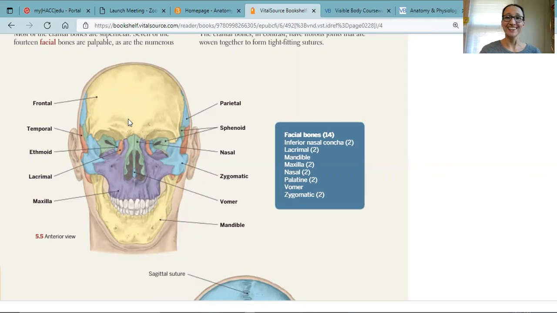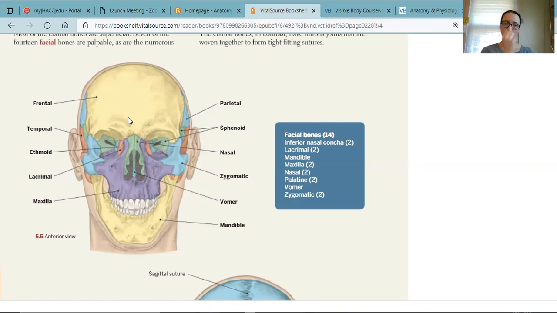The coronal plane, of course, is named for the word corona, which means crown. And of course, this is the coronal suture because you would sit a crown right here, right along that coronal suture, okay? Now, it doesn't have another name, it just is coronal suture. Okay, so this is the frontal bone.